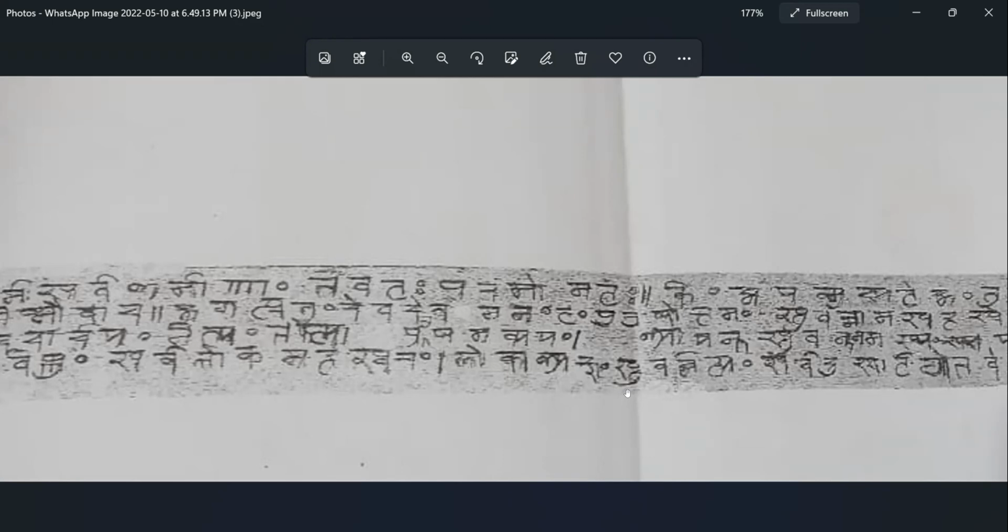Then stu, stuvam, because here we can see it is stu. Stuvan nityam. Okay, we have already seen that. Nityam.